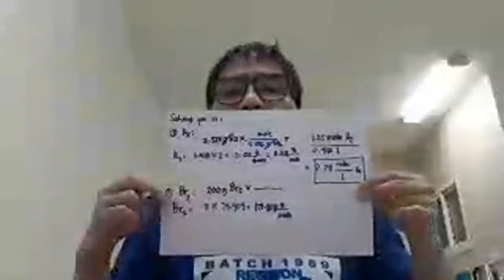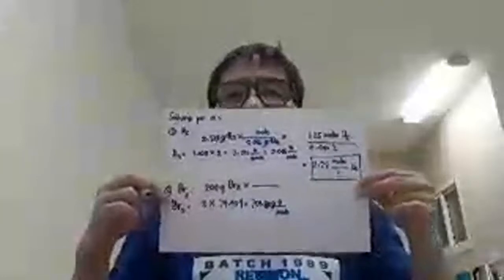100 grams of bromine gas times the reverse of this molar mass or the atomic weight, so that we can cancel again the grams. Okay. So our moles will be 200 divided by 159.808. 1.25.